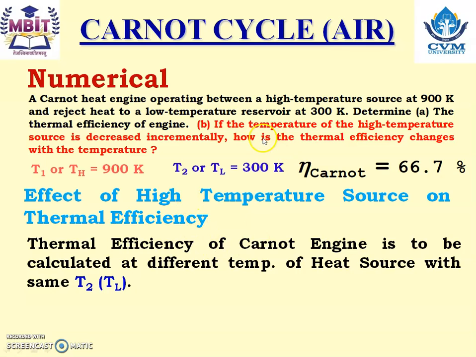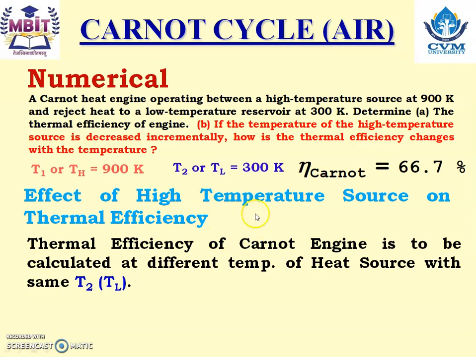Now let us see what they have asked in the second part. If the temperature of the high temperature source, that is heat source, is decreased incrementally, it means initially they have given 900. Now if it is decreased from 900 to, let us say, 880, then 850, then 820, then 800. That is what it means. How does the thermal efficiency change with the temperature?